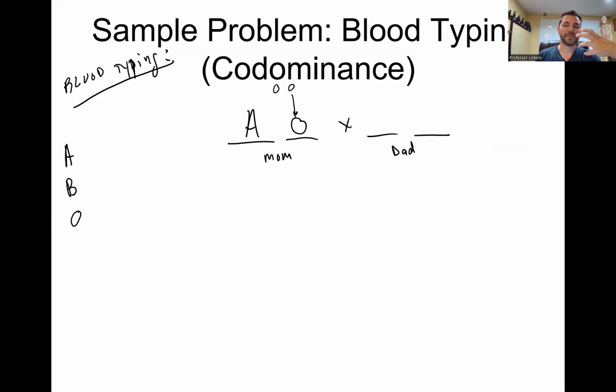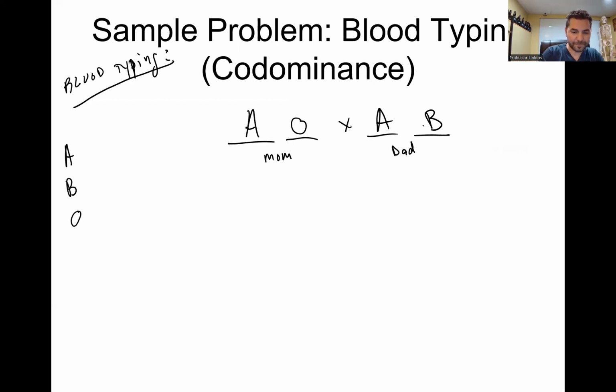We have to have another piece of information to understand what her second allele is. If the father was blood type AB, it would only be AB. If he was type O, it would only be OO. If he was type B, we'd have one B and we'd have to figure out what the other letter is. Hopefully that makes a little bit of sense.